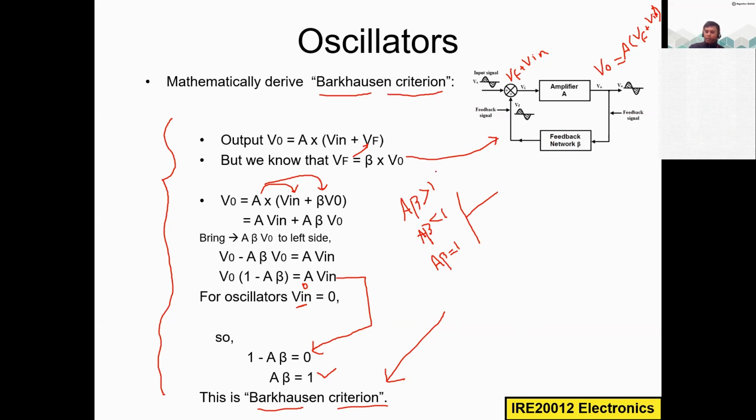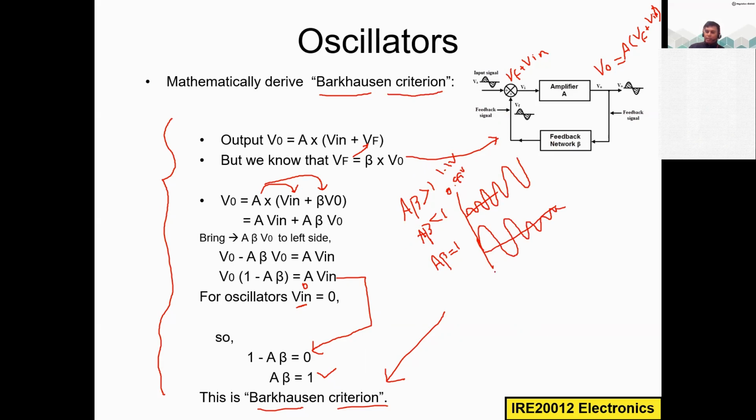For example, for greater than 1, I used 1.1 volt, for less than 1, I used 0.99 volt, and for equal to 1. And we found that whenever A beta is greater than or less than 1, the oscillation is not stable. Either it will increase or it will die. It will be like this and then it will go down.